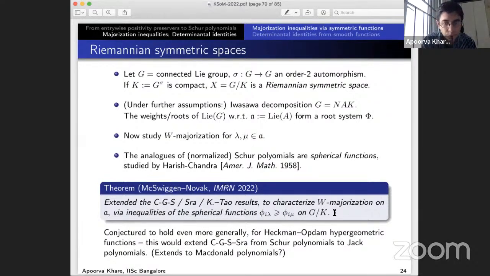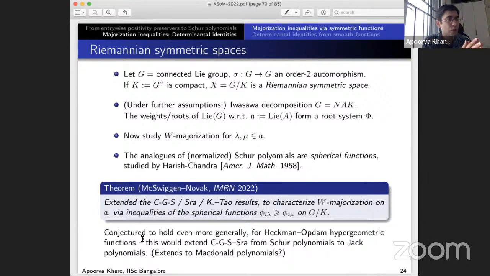These are for Schur polynomials or spherical functions, but they are now conjectured to hold even more generally for Heckman-Opdam hypergeometric functions. In that case, McSwiggan and Novak in this paper proved the Cutler, Green, Skandera side of the implication: if some hypergeometric function for lambda beats some hypergeometric function for mu, then lambda majorizes mu. So they proved that easy half, quote unquote. The problem is there is no difficult half.